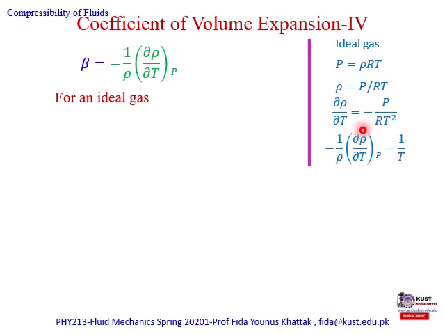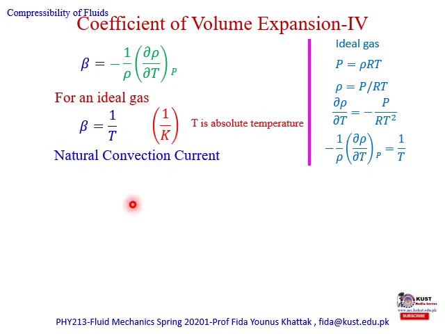We can write this as minus 1 over rho times del rho over del T at constant P is 1 over T. Putting this value back into the equation for coefficient of volume expansion, we get that beta is equal to 1 over T for an ideal gas, where 1 over K is the unit for beta, and T is the absolute temperature.